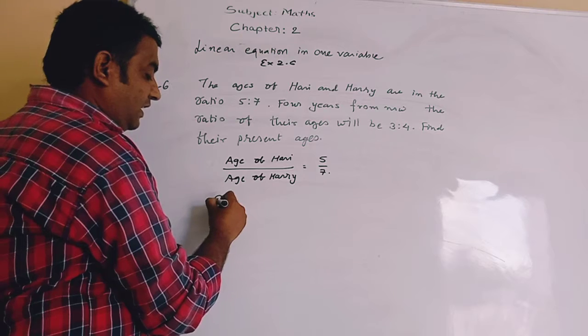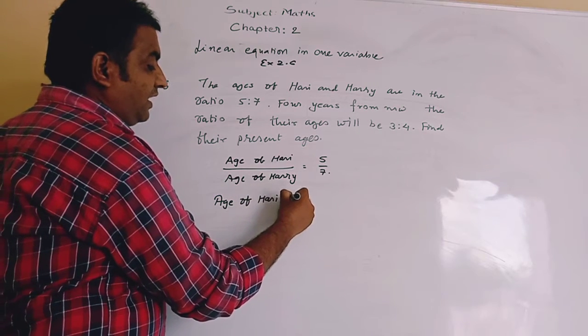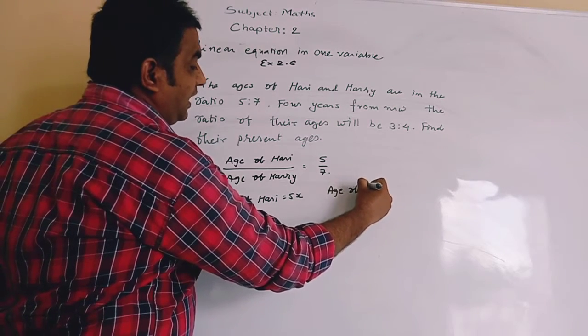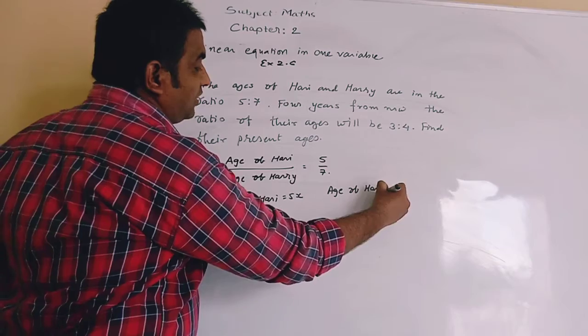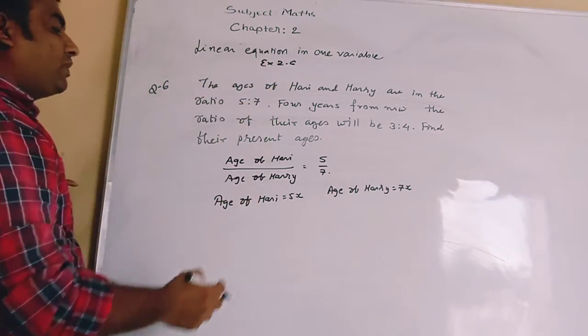So we can write that the age of Hari is 5x and the age of Harry is 7x.